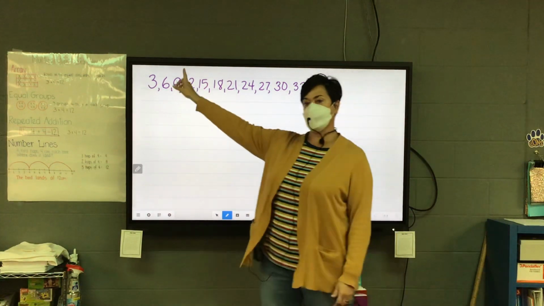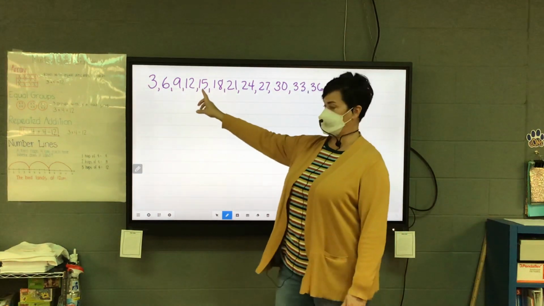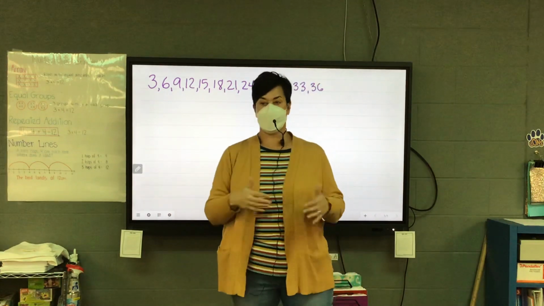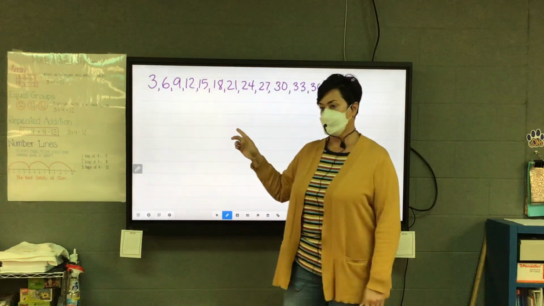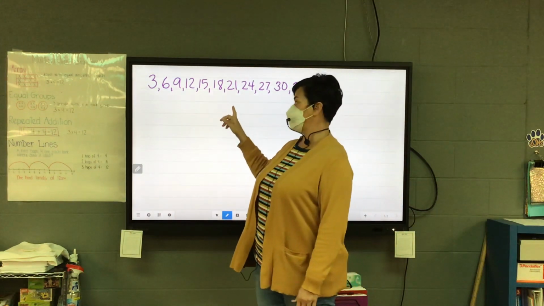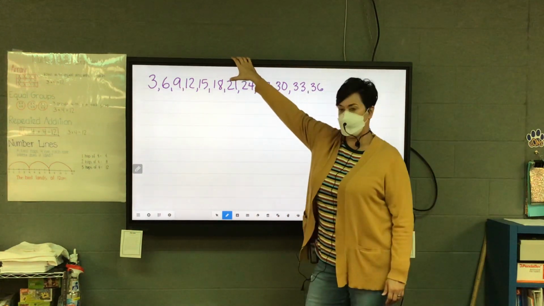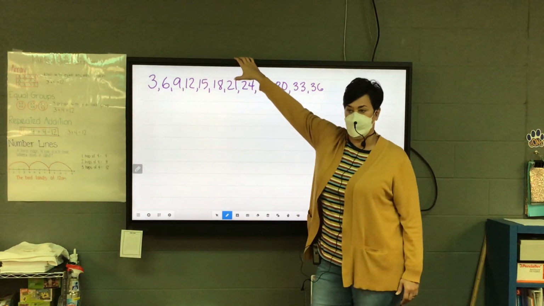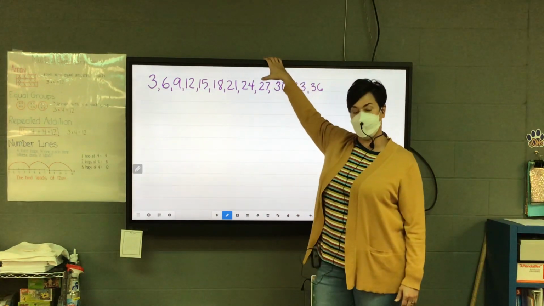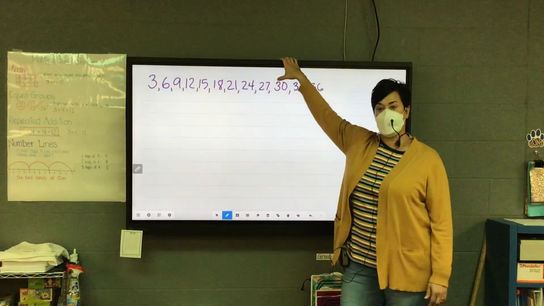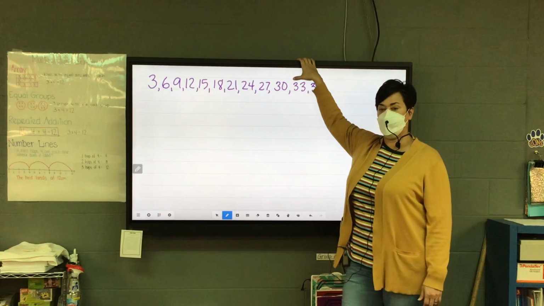So 3 times 1 is? 3. 3 times 2 is? 6. Say these with me. 3 times 3 is? 9. 3 times 4 is? 12. 3 times 5 is? 15. 3 times 6 is? 18. 3 times 7 is? 21. 3 times 8 is? 24. 3 times 9 is? 27. 3 times 10? 30. 3 times 11? 33.